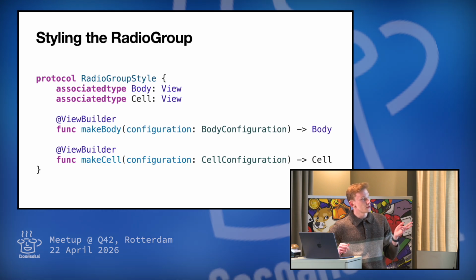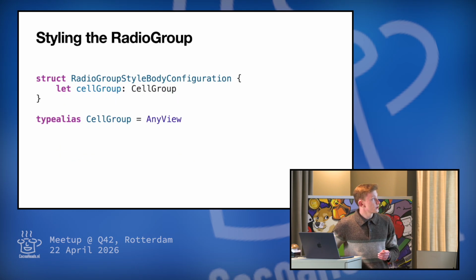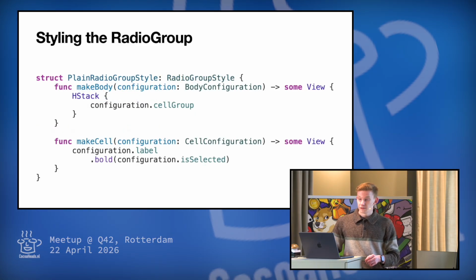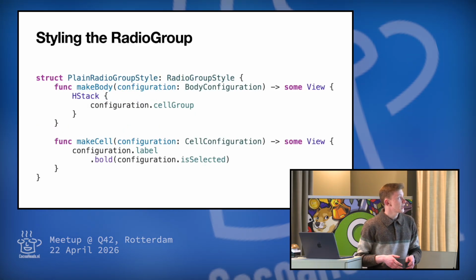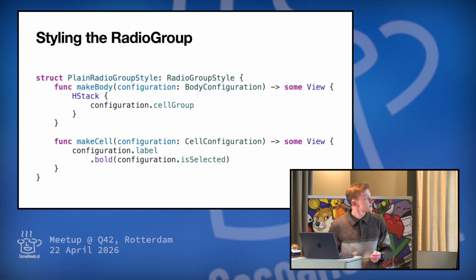Now these both take a configuration. So for the body configuration, I have a cell group, which is basically a view. And the cell will have a view and also a flag indicating whether or not it is the selected cell. A very simple style we can make is one that just puts them on a row and makes the selected cell bold.